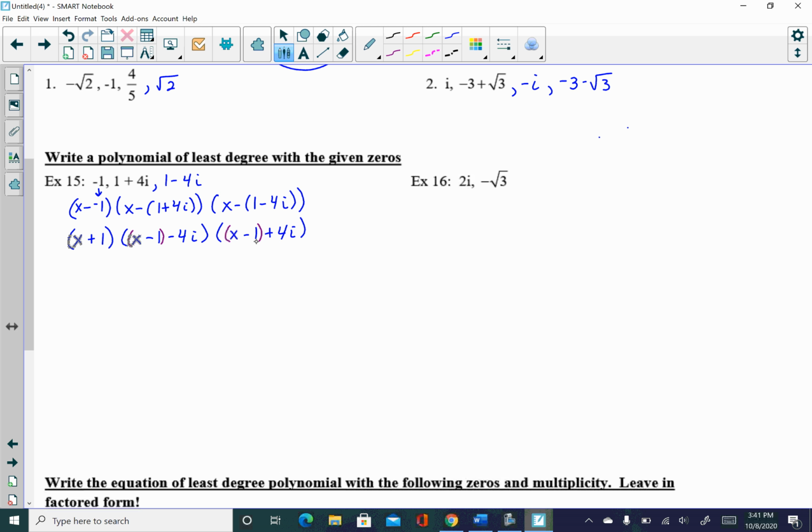So I'm actually going to treat this as a FOIL problem, with two terms times two terms. I'm treating x minus 1 as one term, minus 4i as another term, and x minus 1 as one term, plus 4i as another. So when I multiply x minus 1 times x minus 1, I'm doing a FOIL within a FOIL.